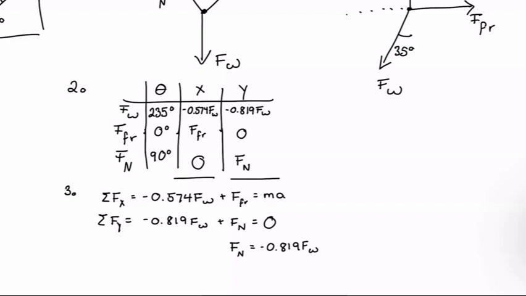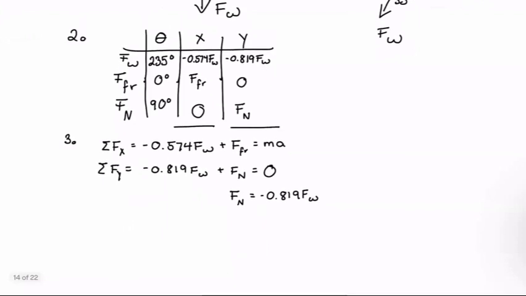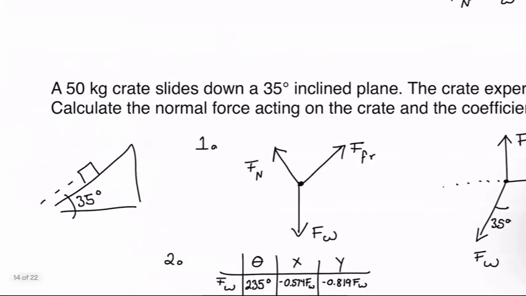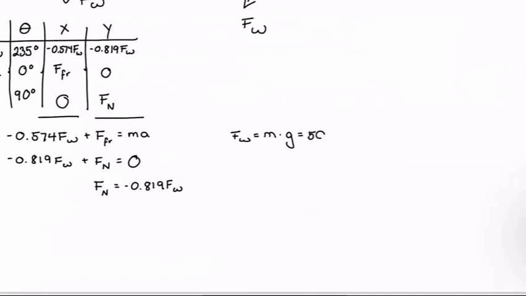Now, the force of weight, we already know. I'm going to write it over here. My force of weight is equal to the mass times gravity. The mass, we already said right up here that it is 50 kilograms. Therefore, 50 kilograms times 9.81 meters per second squared is equal to my force of weight, which is going to be 490.5.